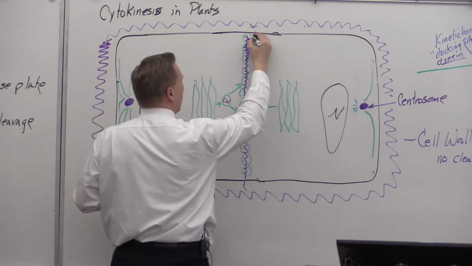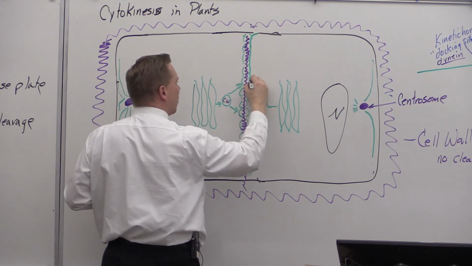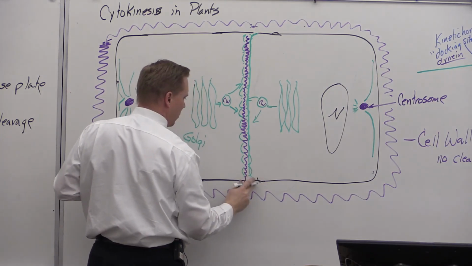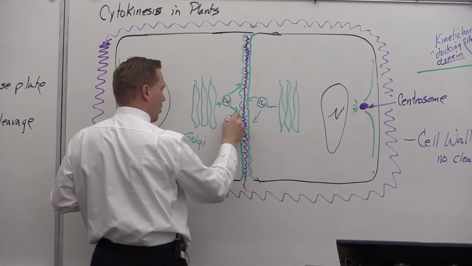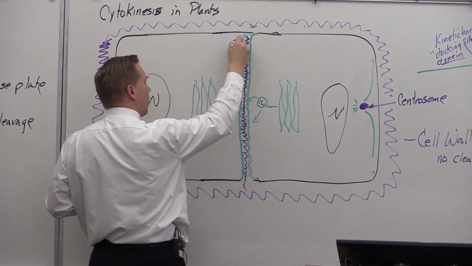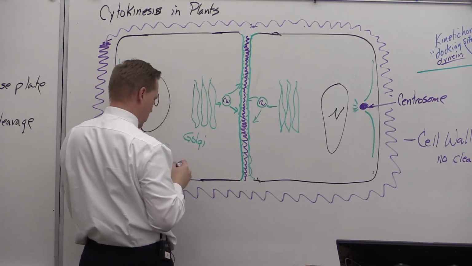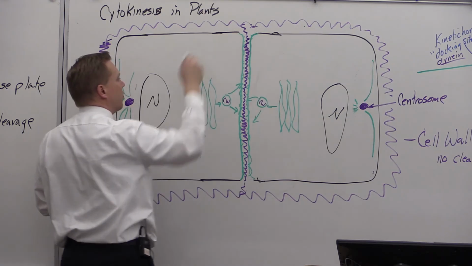And then all the vesicle membranes actually fuse into the new plasma membranes. And then we have two new cells.